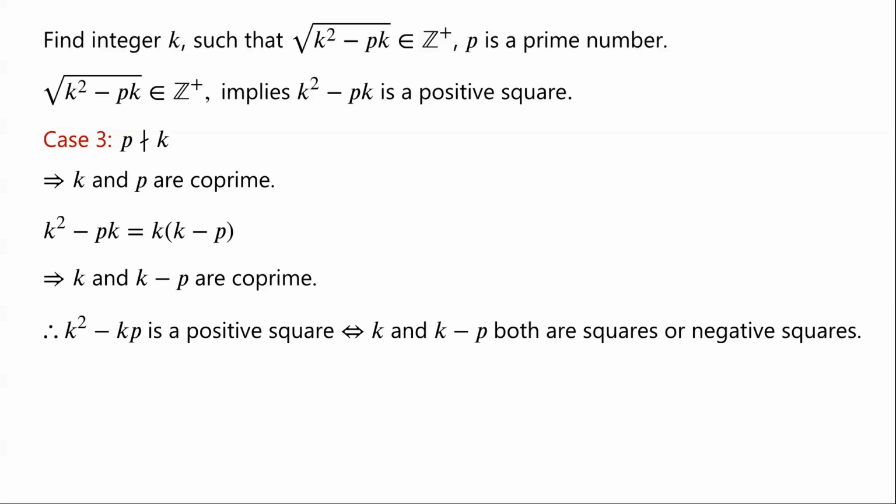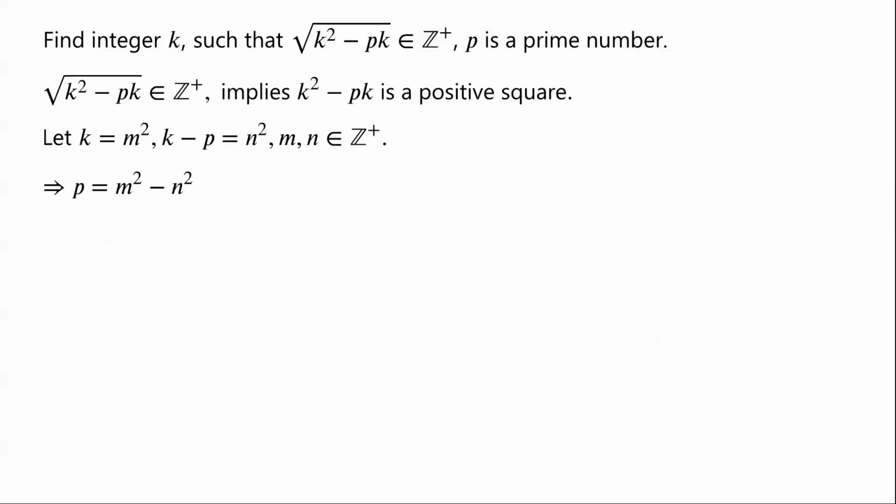When k and k minus p both are positive squares, we let k equal m squared, k minus p equal n squared, where m and n are positive integers. Then we have p equals m squared minus n squared. m squared minus n squared can be written as (m minus n) times (m plus n).